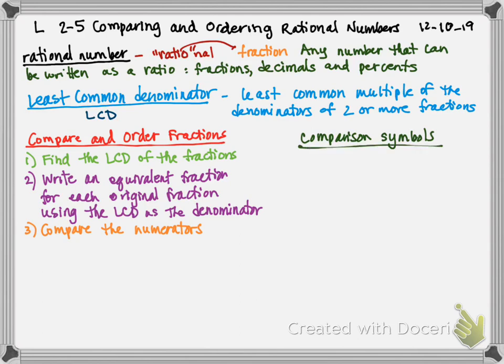So when I'm comparing, the first number could be greater than the second number. Another way could be the first number is less than the second number, or the two numbers are equal to each other. Now, remember how inequalities work. That's what greater than and less than are called, inequalities. I think your teachers used to say something about the hungry alligator.